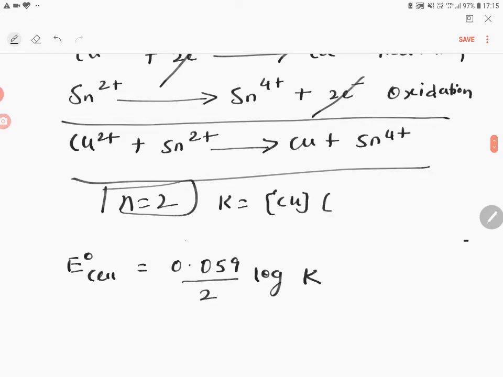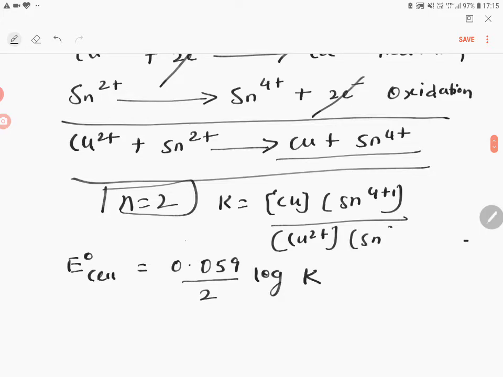Concentration of Cu into concentration of Sn4+, products divided by reactants. Molar concentration of products divided by molar concentration of reactants raised to the power of their stoichiometric coefficient. Everywhere stoichiometric coefficient is 1. So you put 1 or you leave it, it's up to you.